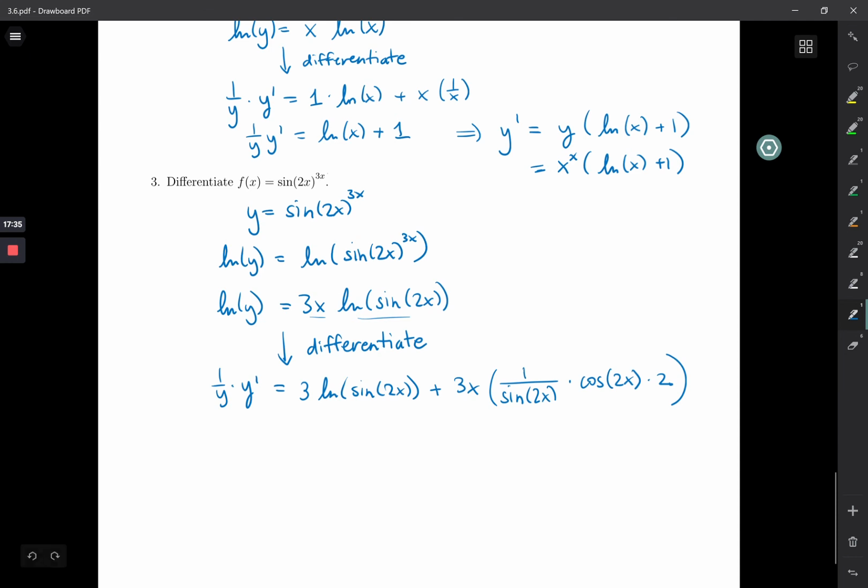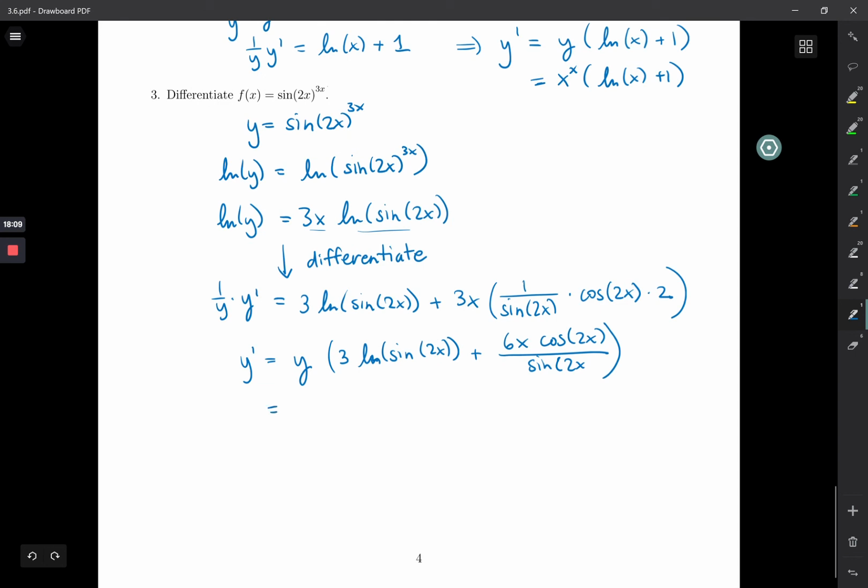Okay? So here we've differentiated everything, and then the last couple of steps: first we multiply by y, and then we can replace that y with our formula for y. Now I'm going to combine these, so 6x cosine of 2x over sine of 2x.